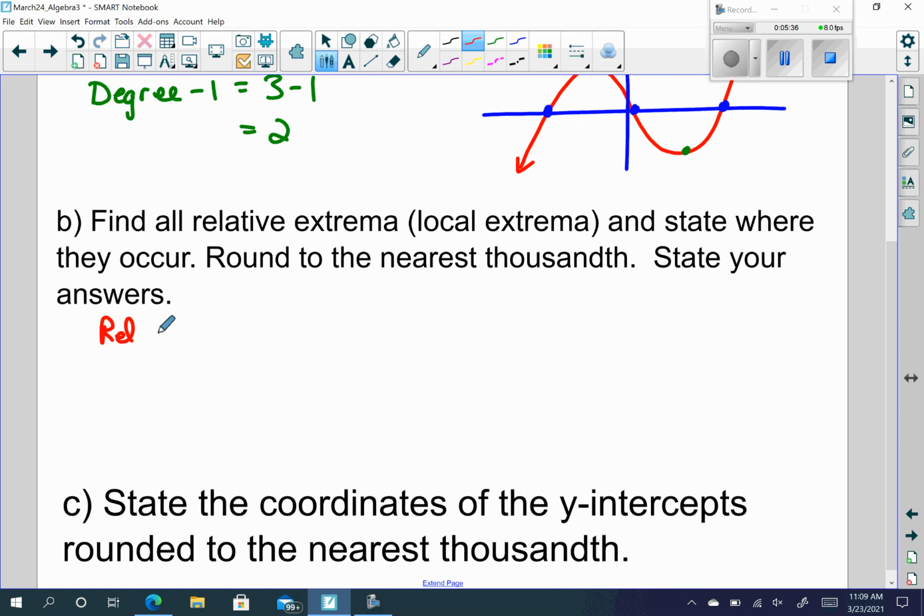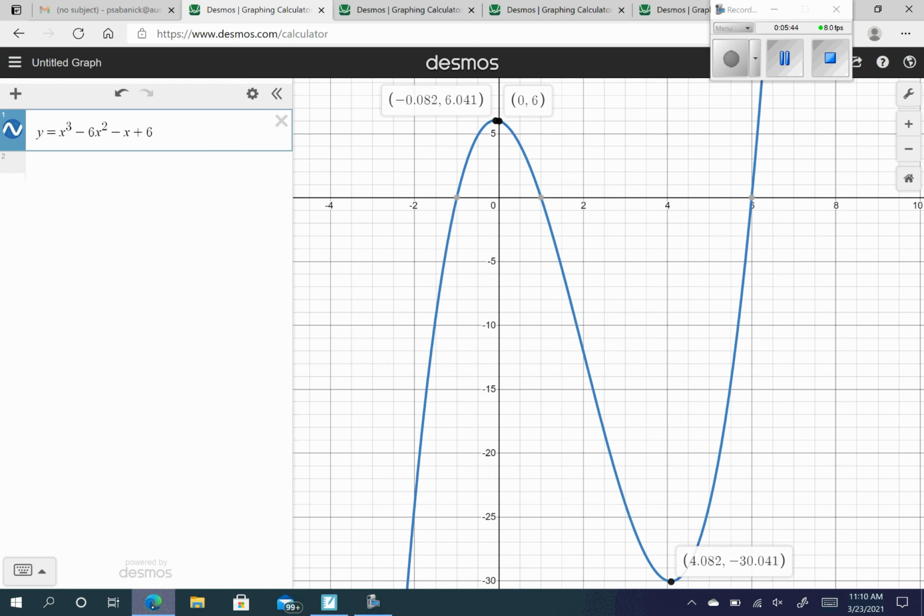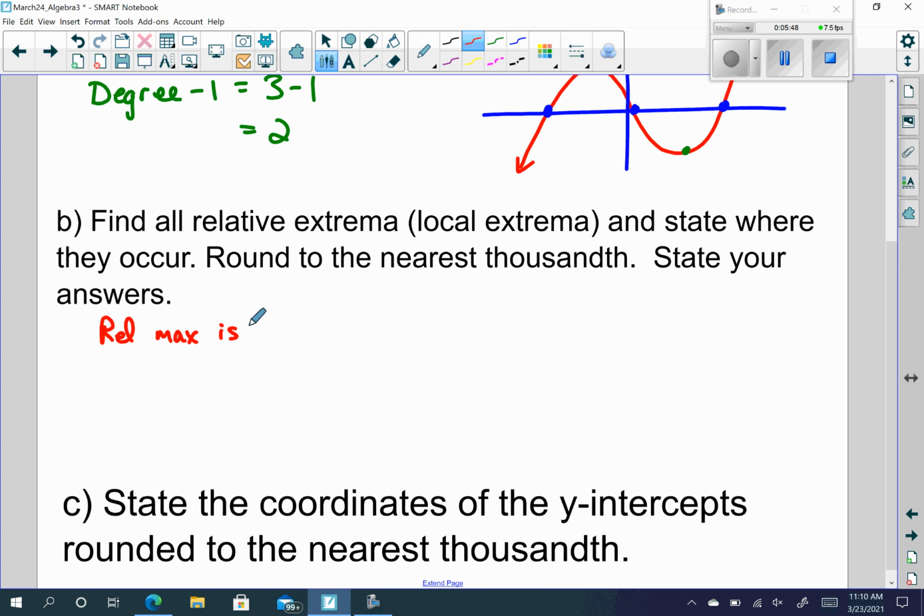So we would say the relative max is, and the y value of that point was 6.041. So we're looking at the y value here. So the relative max is y equals 6.041 when x is equal to negative 0.082.